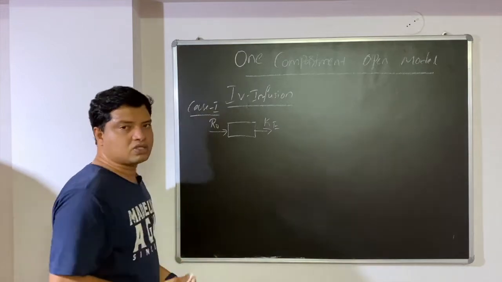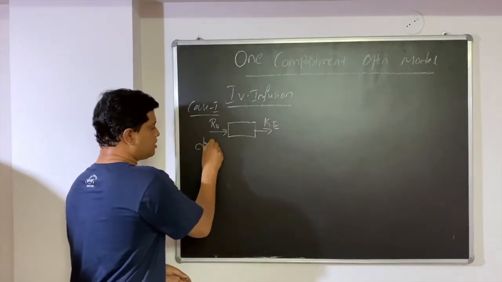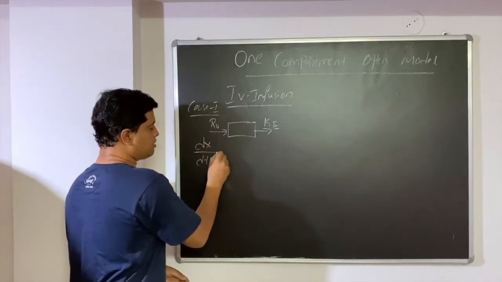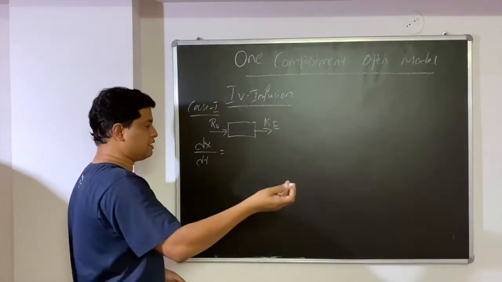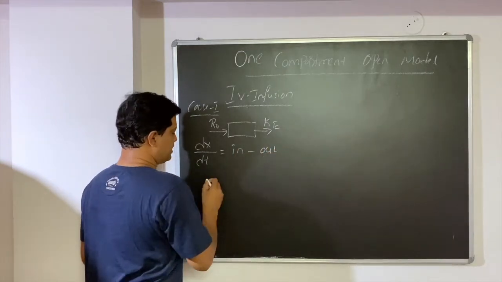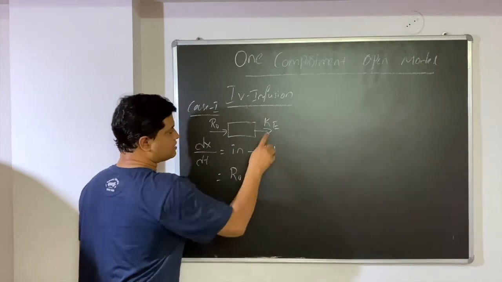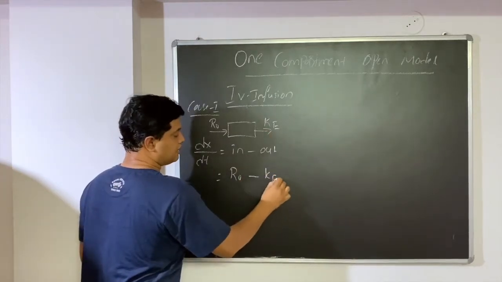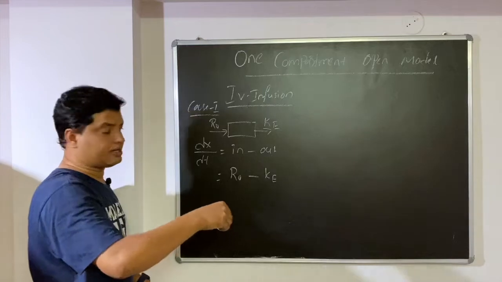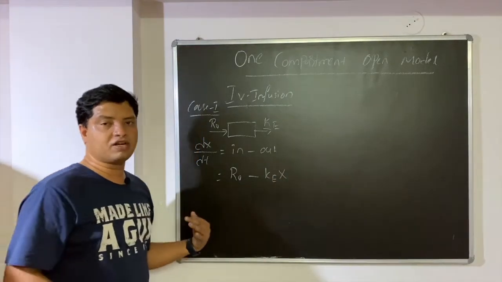So I told you how to start the equation. To start the derivation, what is the first equation? Rate of change of amount of drug in the body is equal to rate in minus rate out. What is in here? R0. Good. What is out here? Ke. Because it is first order kinetics, we need to write X. It is dependent on the amount of drug present in the body.